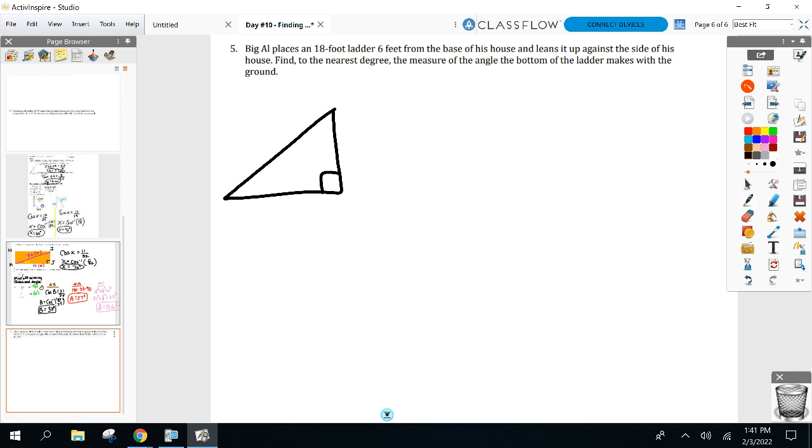What's always the ladder here? Hypotenuse, 18-footer. Where's that 6 going? 6 feet from the base of his house. Horizontal or vertical leg? Horizontal.